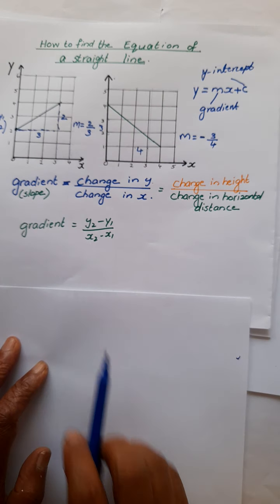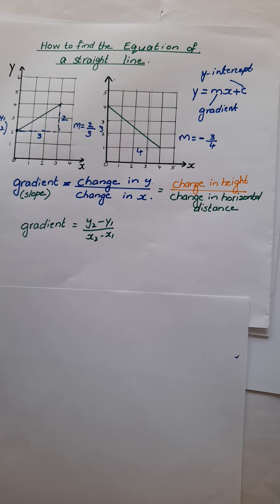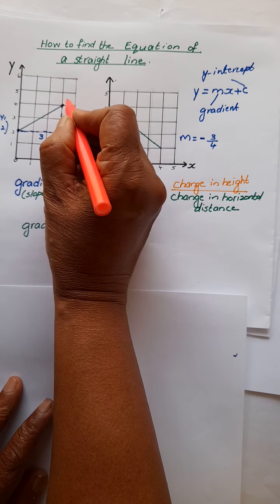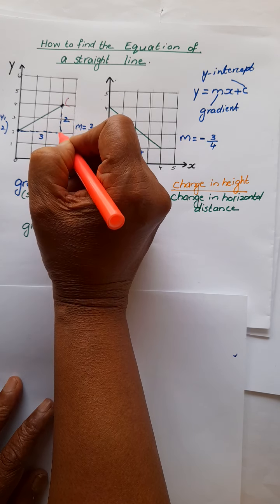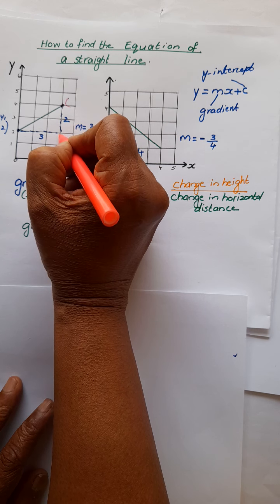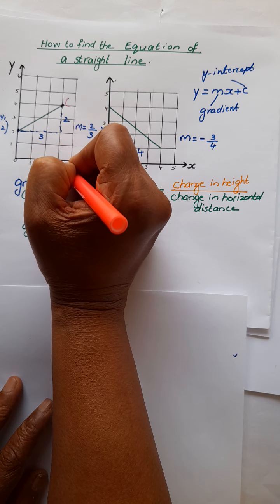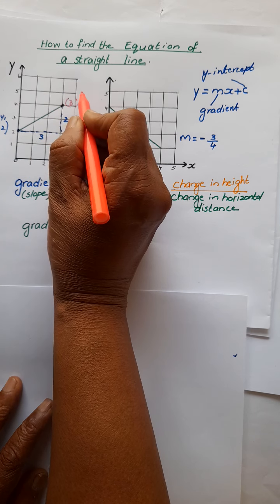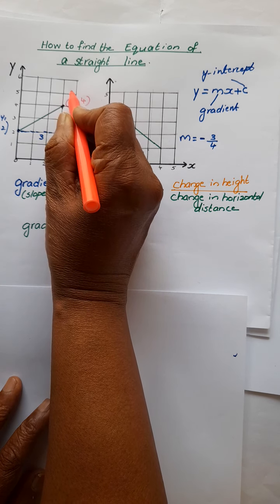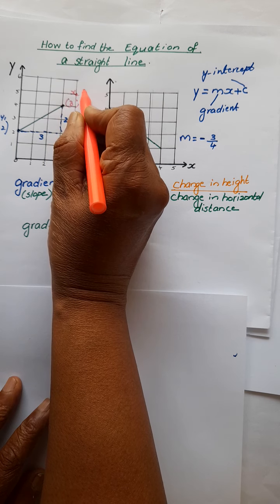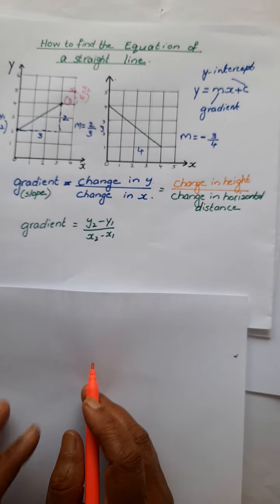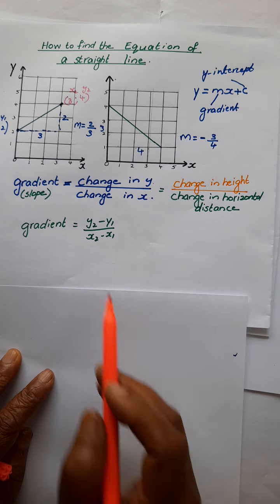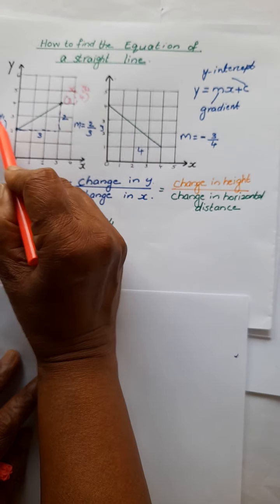Then the coordinates of this point here: the x value is 3 and the y value is 4. So let's call that one x2, y2. Now let's subtract, y2 minus y1.